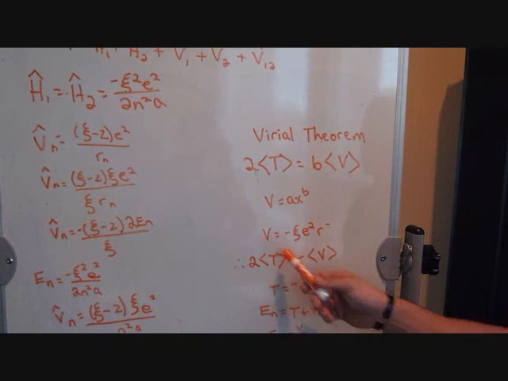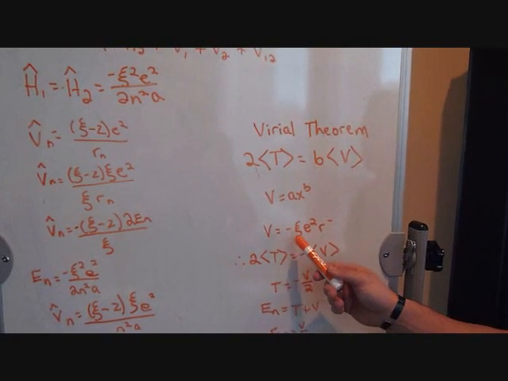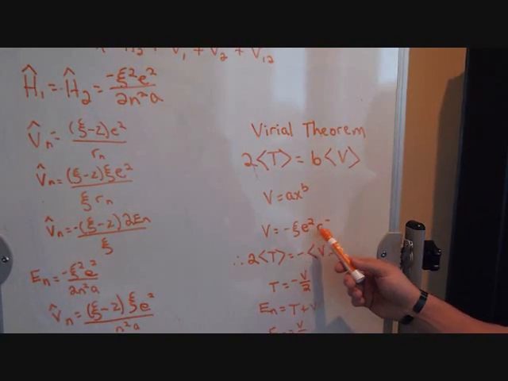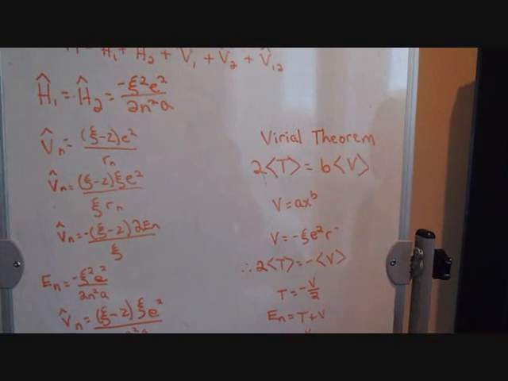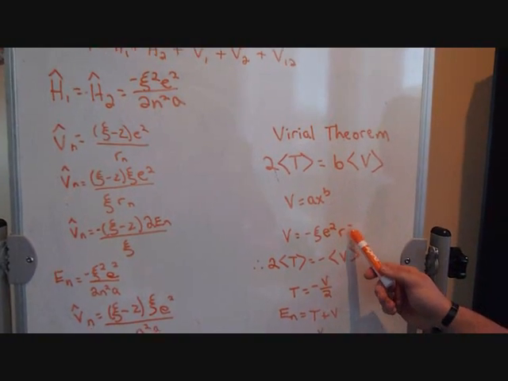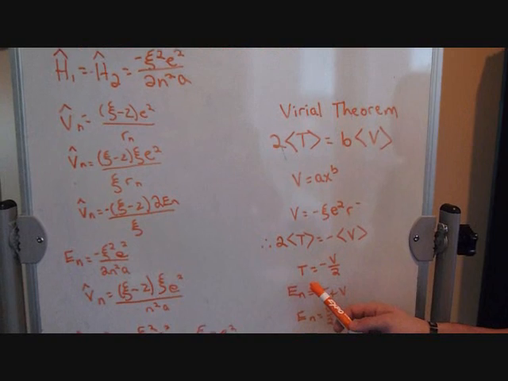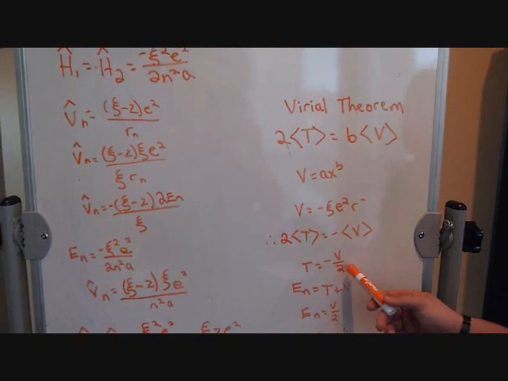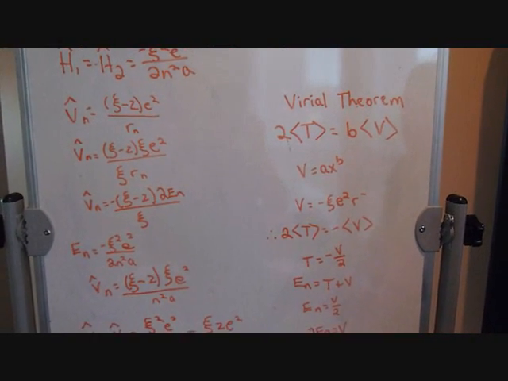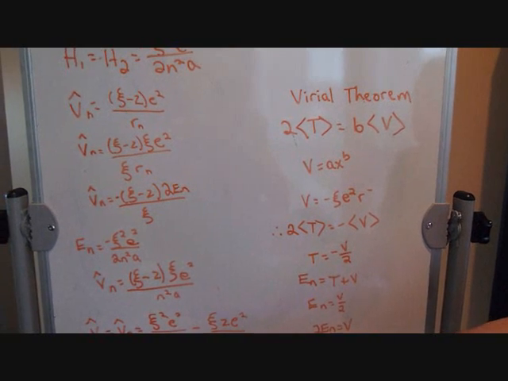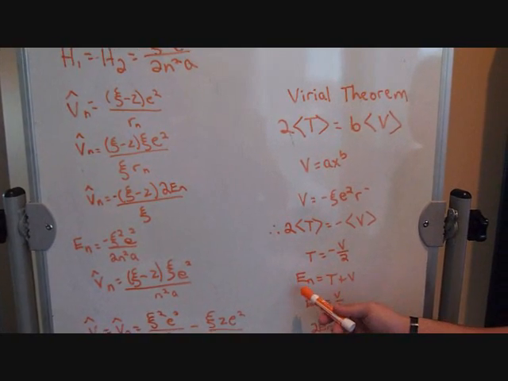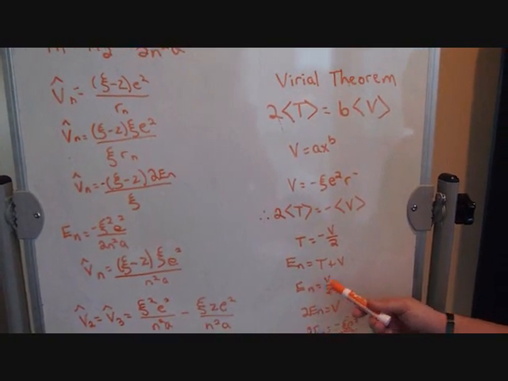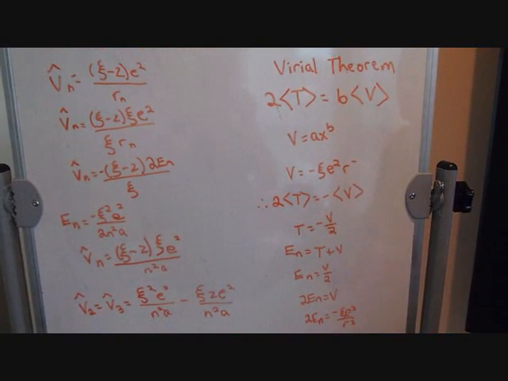So our potential energy operator is represented here, negative z e squared r to the negative 1. Therefore B is negative 1, and kinetic energy is negative 1/2 potential energy. The ground state energy is equal to the kinetic energy plus the potential energy.